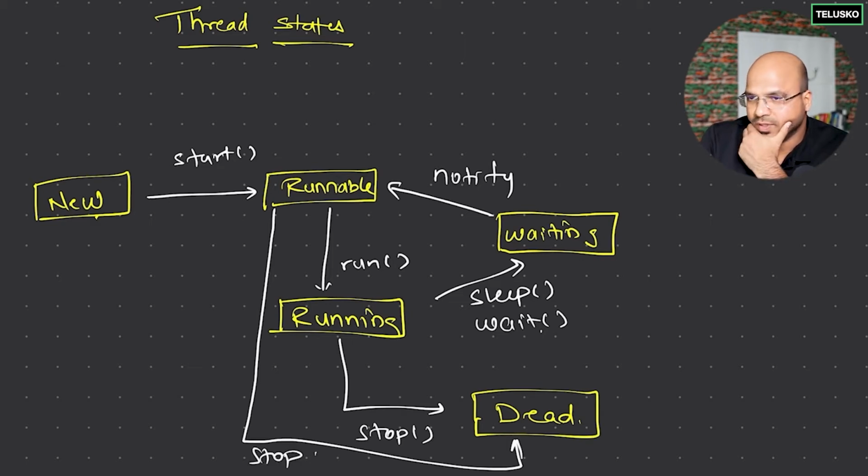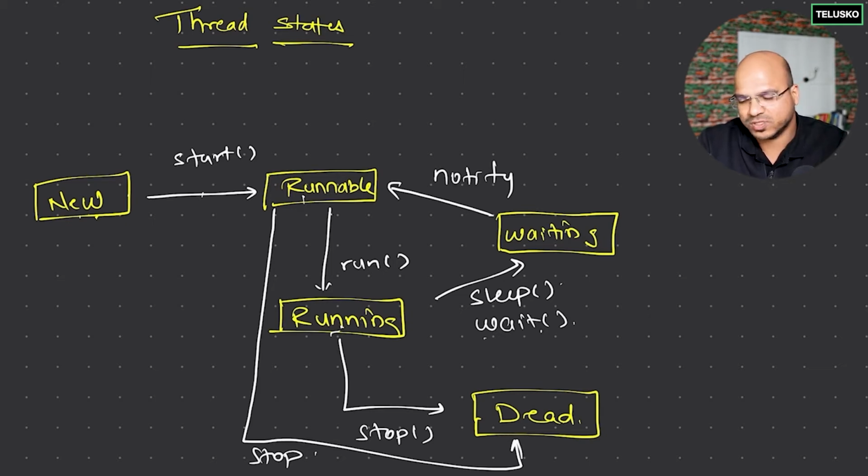What else do we have here? Basically, whenever you create a thread, it goes into a new state. When you call start, it goes into runnable. Depending upon the availability of the CPU, it goes into the running state. While running, it will execute certain things, and if at that point you want to make it wait, you can do that with the help of sleep, or with the help of wait.